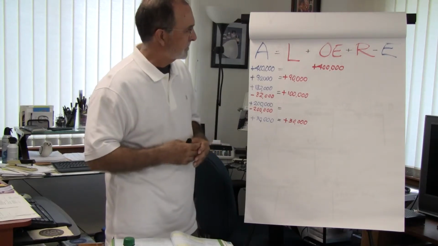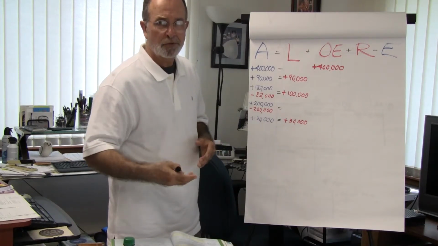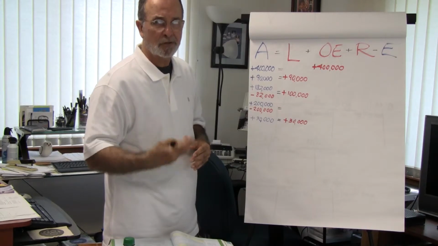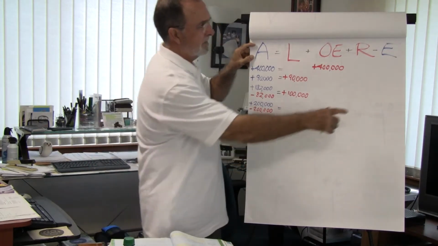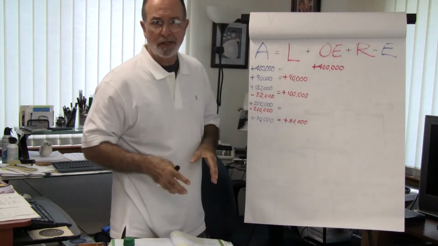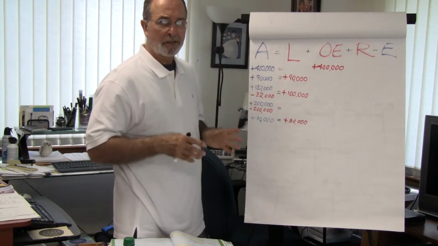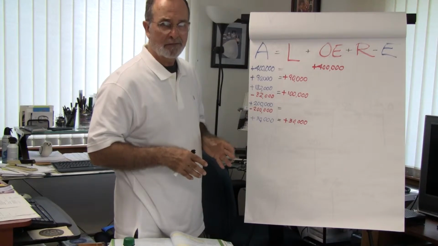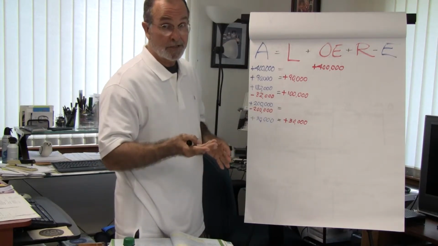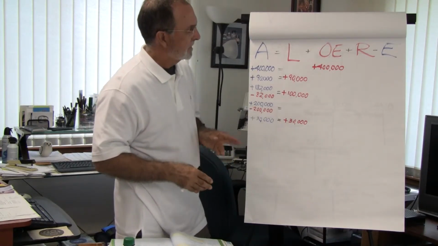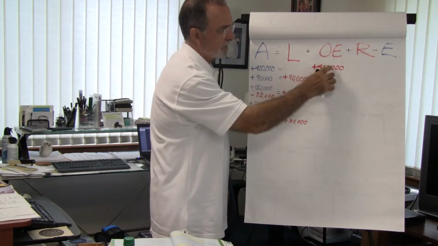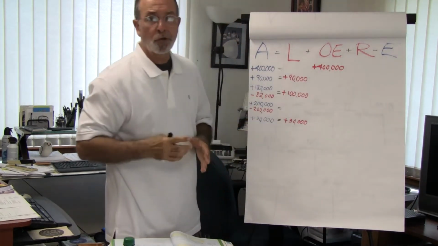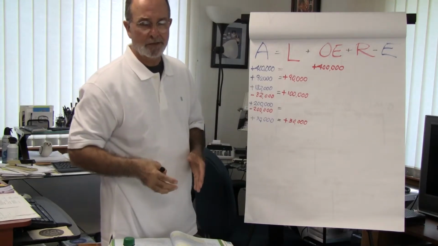Accounting is one of those things where the more you do it, the easier it gets, the more it makes sense. So again, assets and expenses are debit balance accounts. That means the debit side is the plus side, and the credit side would be the minus side. The three categories in the middle, liabilities, owner's equity, and revenues, are credit accounts.